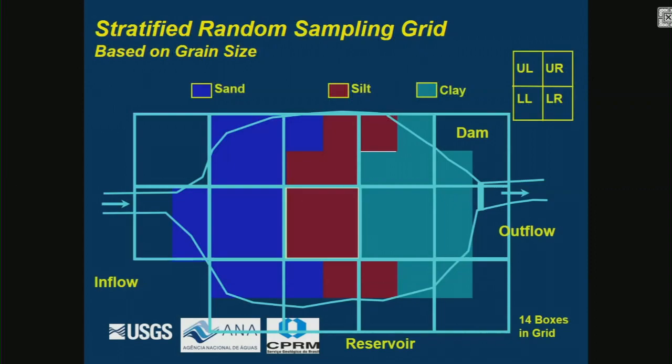So you have the sands, the silts, and then the clays. If you know something about that, then you could modify your sampling to account for the differences. So maybe you wouldn't have to take as many samples if you know what different particles are in the different parts of the lake.